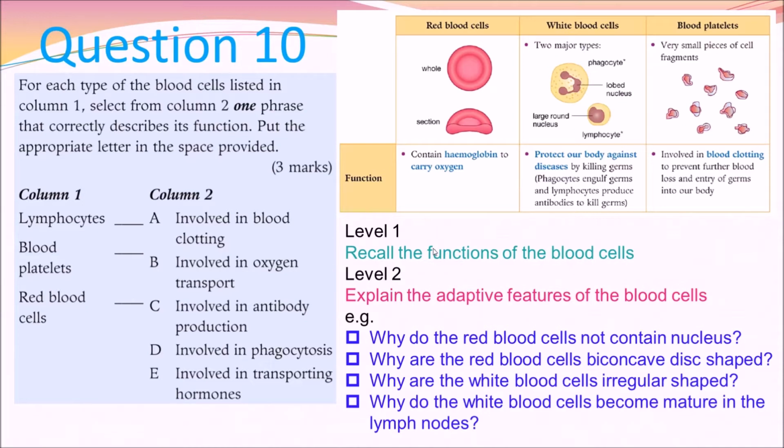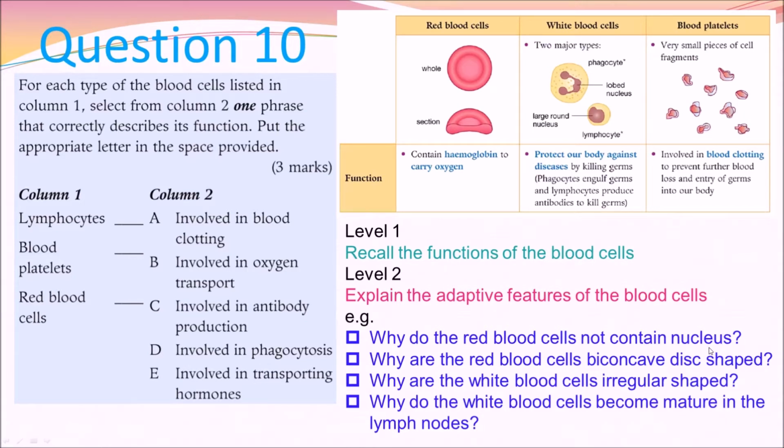For level 1, you simply memorize something and then you can answer. But for level 2, you really need to adapt the concept. For example, inside the red blood cell, there is hemoglobin to carry oxygen. So why do the red blood cells not contain a nucleus?